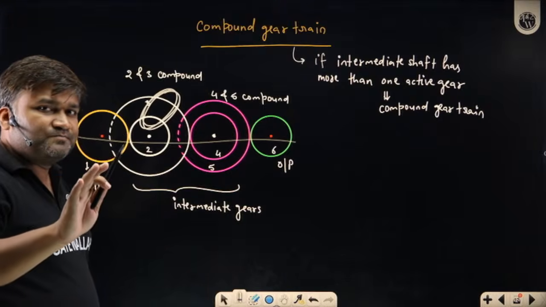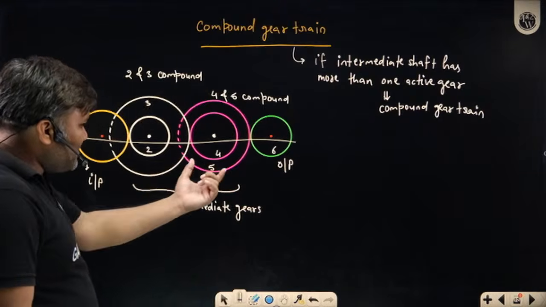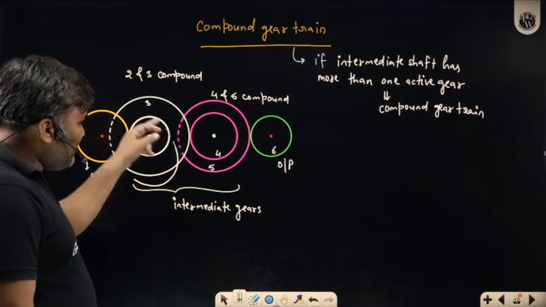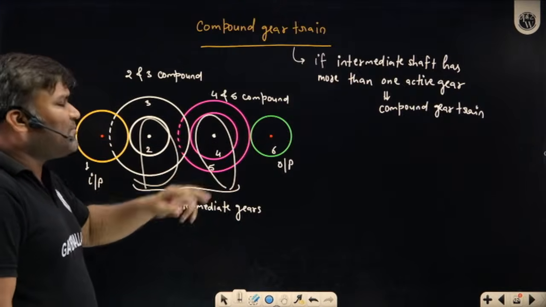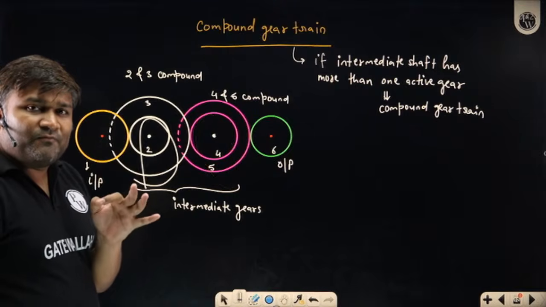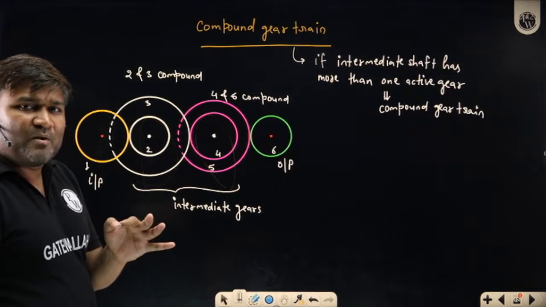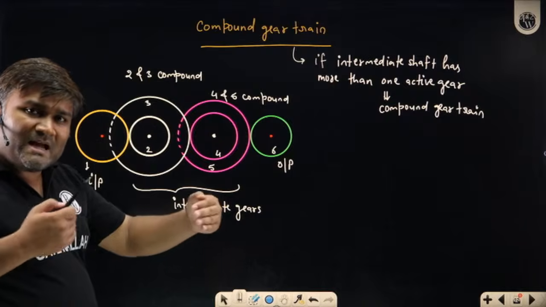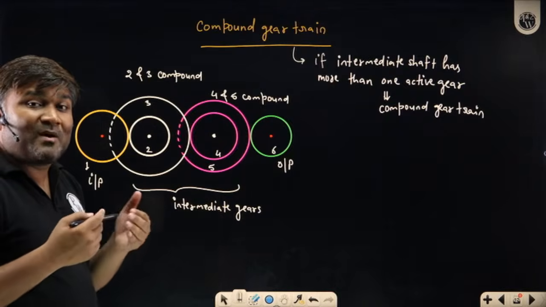Keep this in mind. In this case, which I have shown here, this shaft has compound gears, and this shaft also has compound gears. But even if only one shaft has compound gears, the entire train will be called a compound gear train, because compound nature has been introduced.